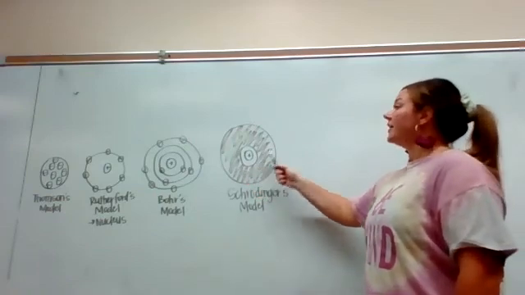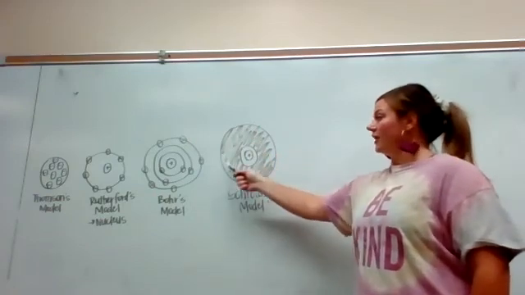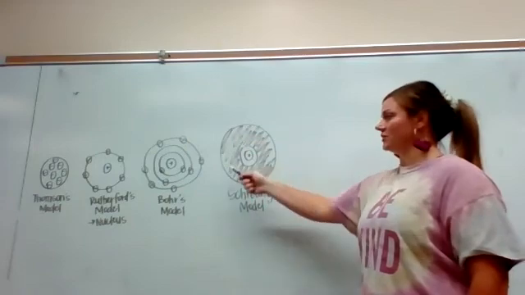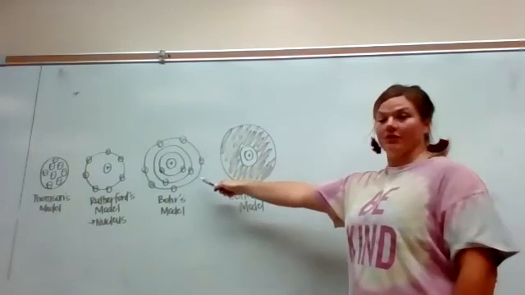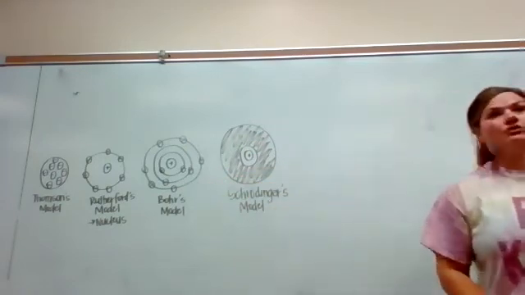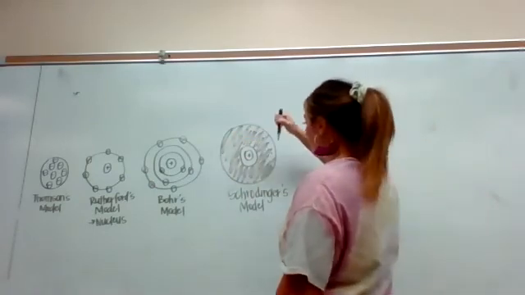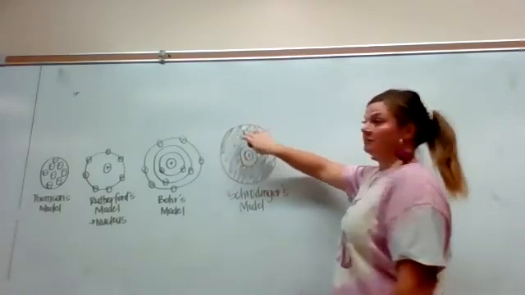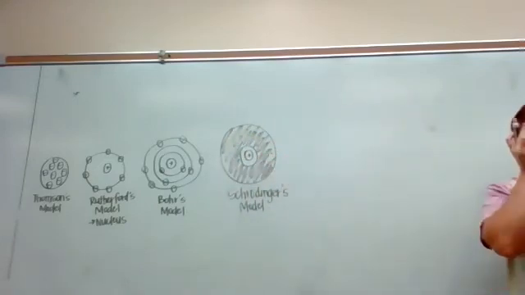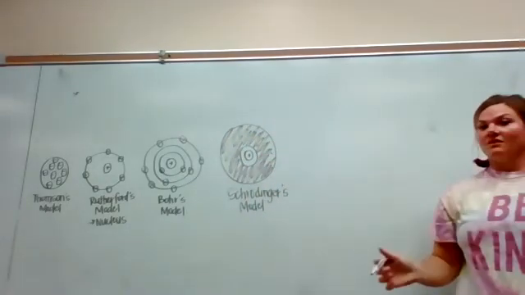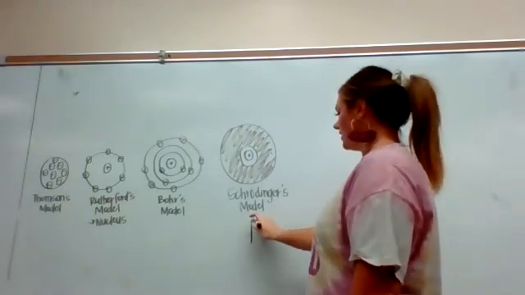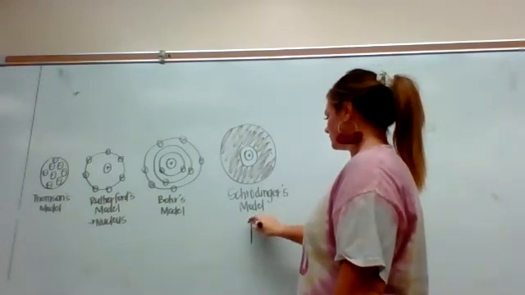Okay. Electrons are somewhere in this shaded region. They're not orbiting the nucleus in a perfect circle. They're just somewhere out here in this area. This is the best probability that I can give you. This is what we know the atom to be now.